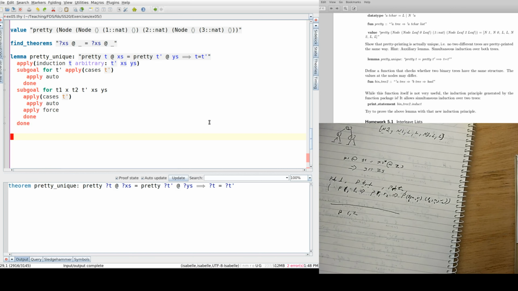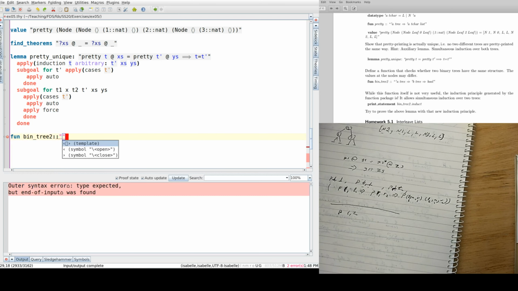So I'll just define the function that is suggested in the sheet here, the function that checks if two trees have the same structure. So it's just a dummy function. So we need to define any function that takes two trees and does recursion on them simultaneously.